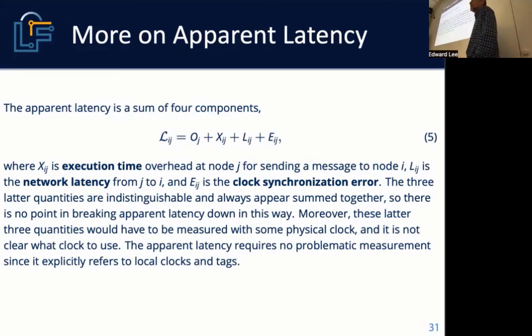Okay. But the nice thing about this apparent latency is that it's an immediately measurable quantity, whereas none of these three is measurable. Okay. Well, actually, you can locally measure execution time, but you can't measure network latency. You can't measure clock synchronization error. These two are indistinguishable. Okay, so this is a measurable quantity.